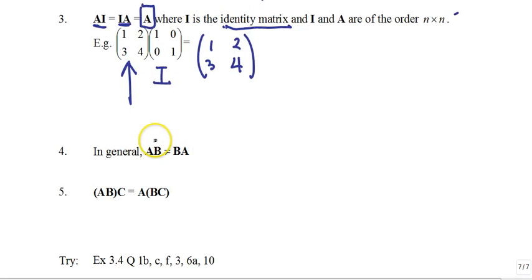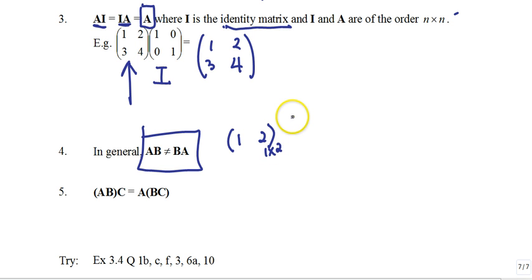Please recall, in general, AB is not equal to BA. If you don't remember, just remember this. For instance, if I have a matrix 1, 2, remember this is a 1 by 2 matrix because it has 1 row and 2 columns, times 3, 4, which is a 2 by 1 matrix.